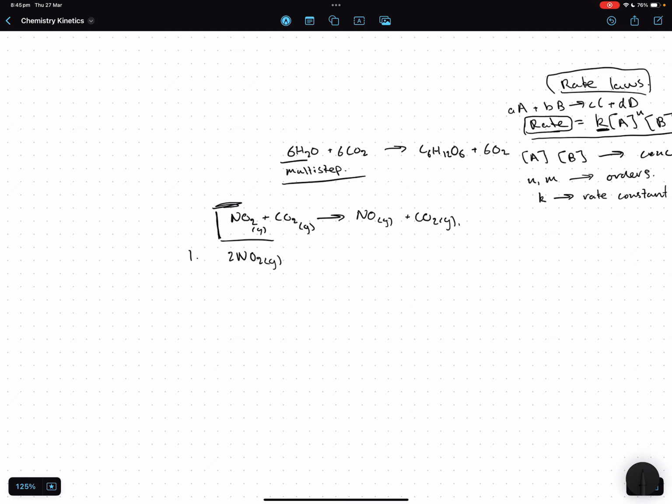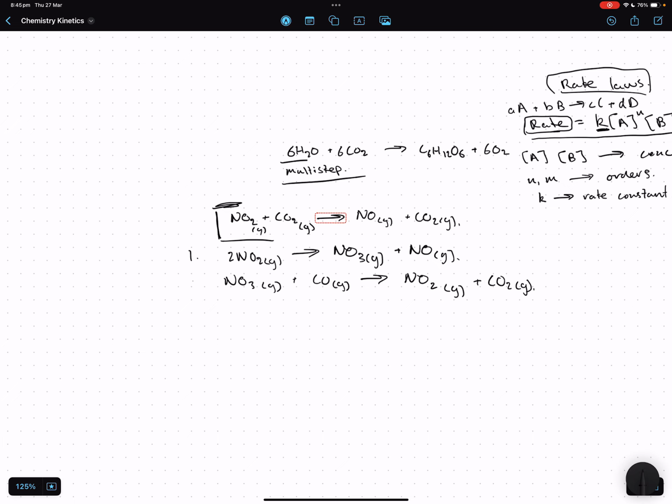So we have one step here: NO2 gas turns into NO3 gas plus NO gas, and then NO3 gas plus CO gas turns into NO2 gas plus CO2 gas.